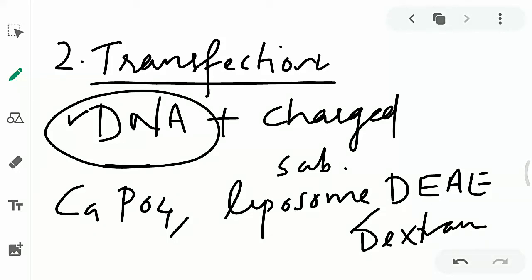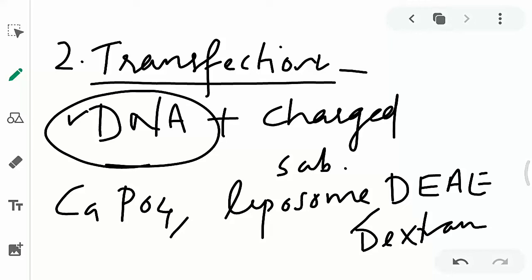Generally, transfection is the word used for plant, animal, and other cells. For bacterial cells, normally we say transformation.